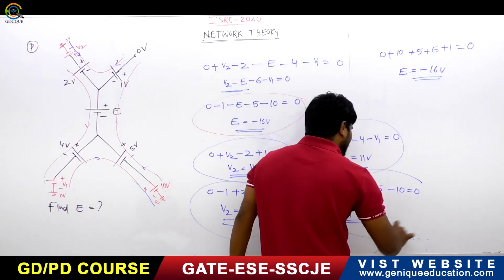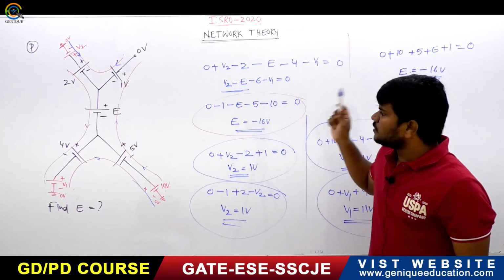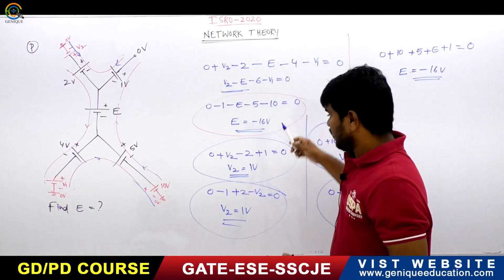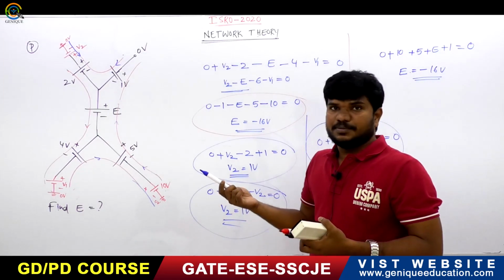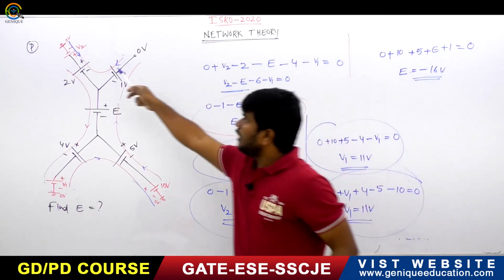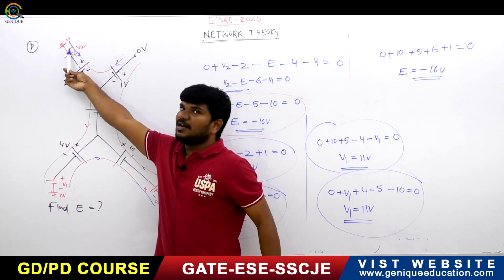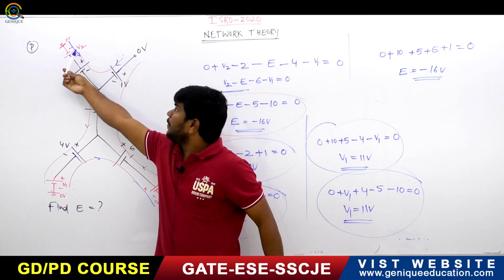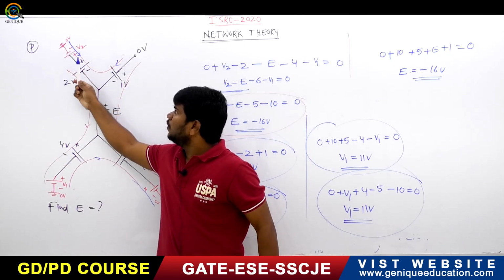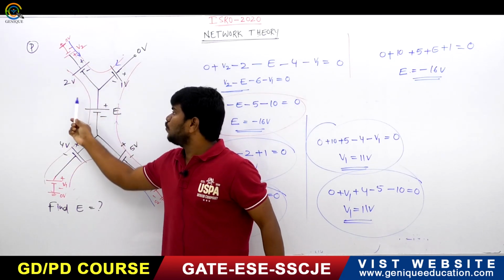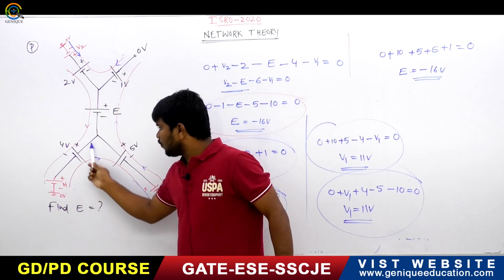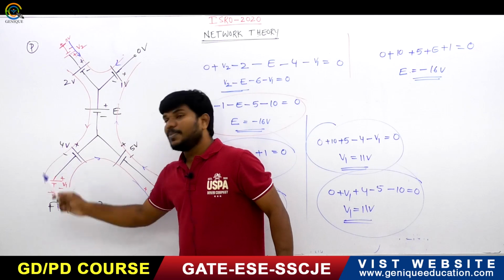Depending on the current reference, you always follow one notation only. Don't follow two notations. There is one more convention. Some people, whenever a negative is there, will take minus V2, and they will take plus 2 volts, plus 4 volts, and next plus V1.